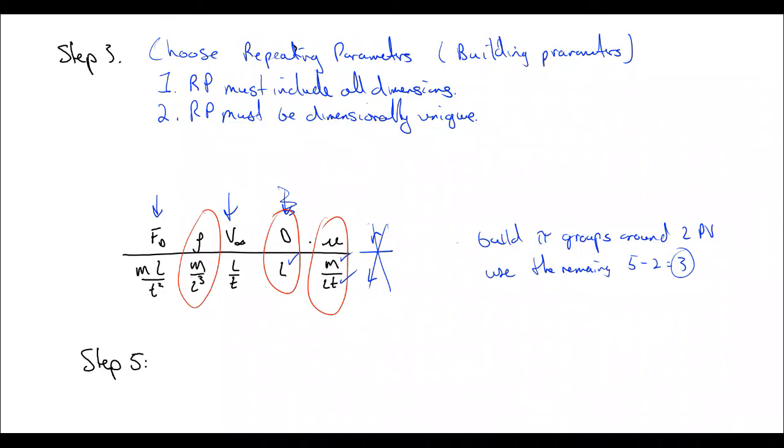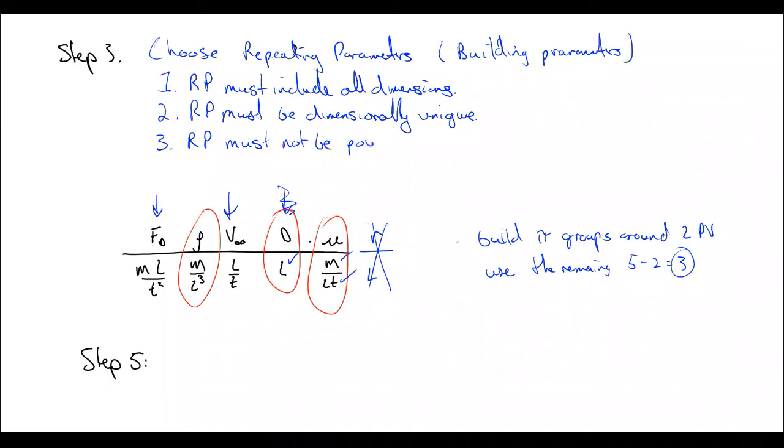Great. So the last rule, which is probably the most complicated, is that the repeating parameters must not be powers of another repeating parameter. What does that mean? Well, we could also choose the cross-sectional area of our ball, for example, as a physical variable.